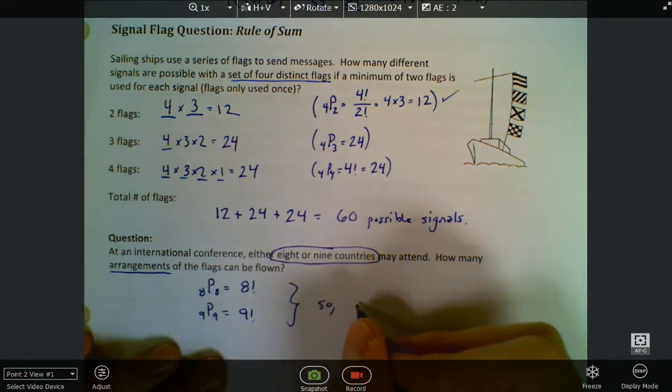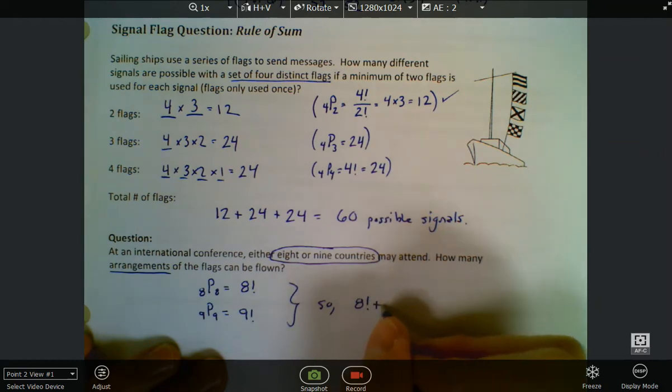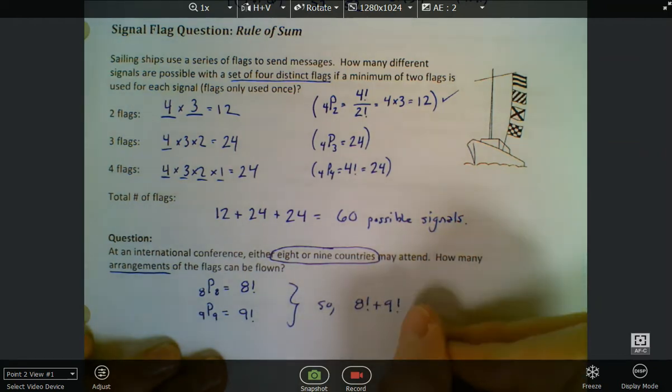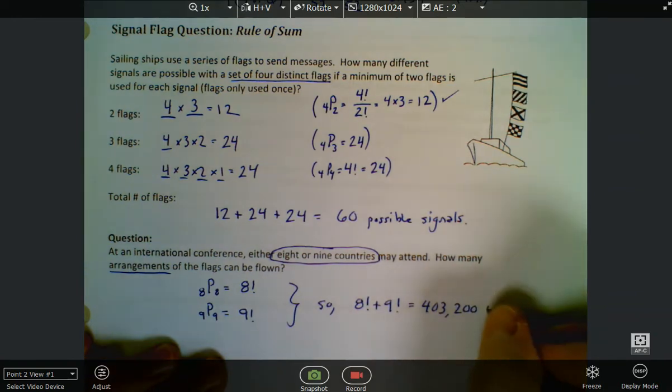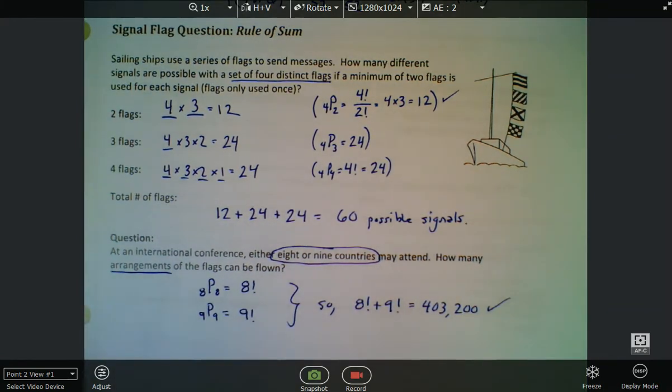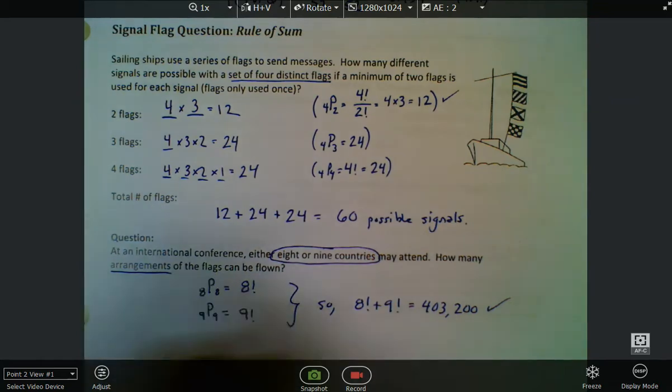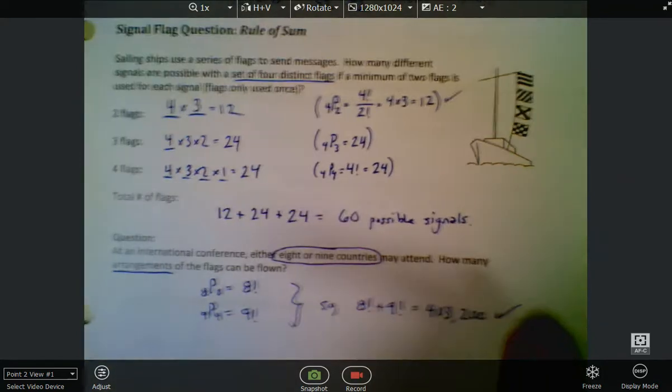So the total number of arrangements is 8 factorial plus 9 factorial, which is 403,200 possible arrangements of the flags if you can have 8 or 9 countries show up. Okay, we'll look at a couple of ones on the back and go from there.